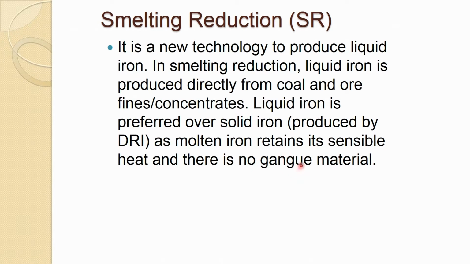Another advantage is there is no gangue material, so slag formation is quite low in the subsequent process, whereas in steel making using DRI, there is more slag formation, and that creates another problem in subsequent operations.